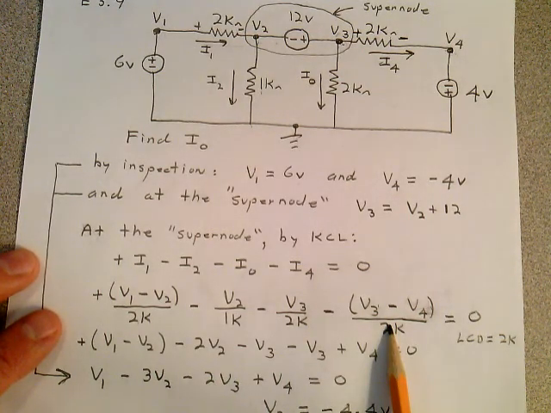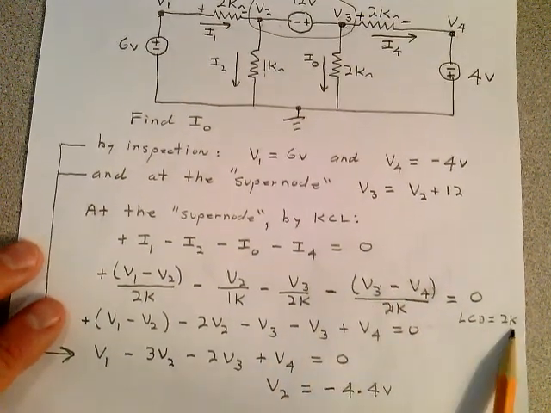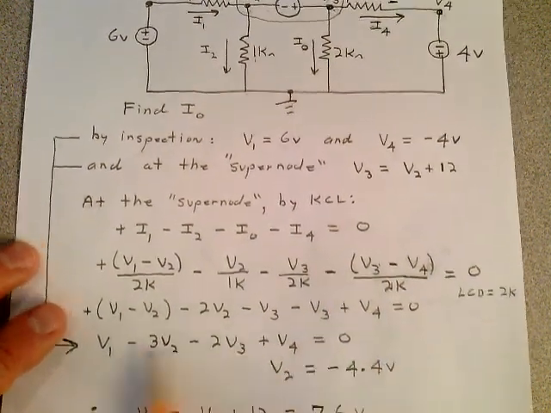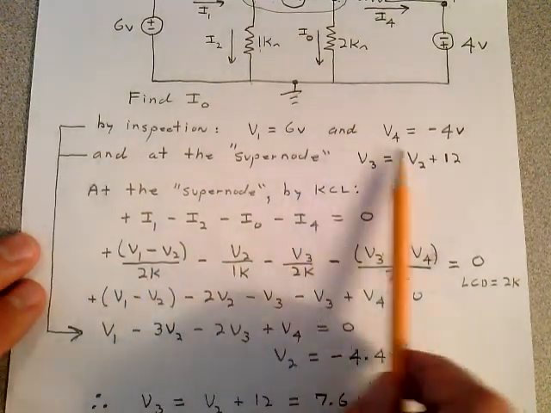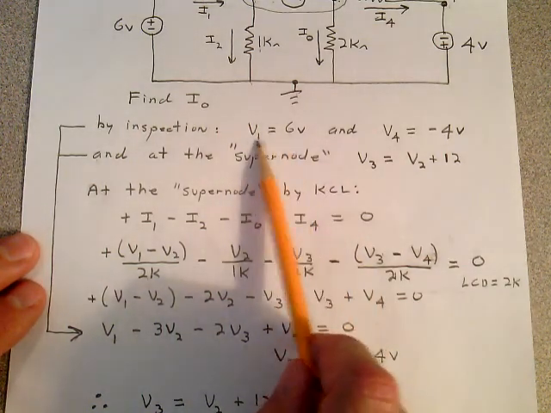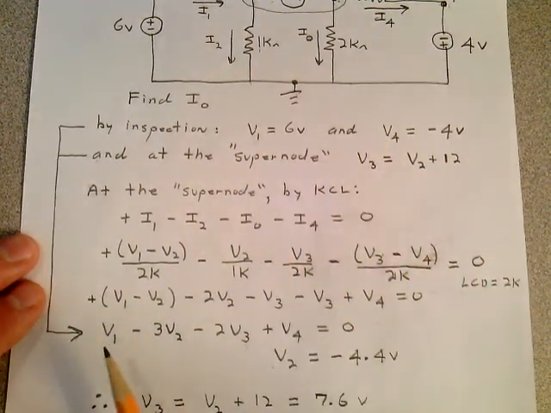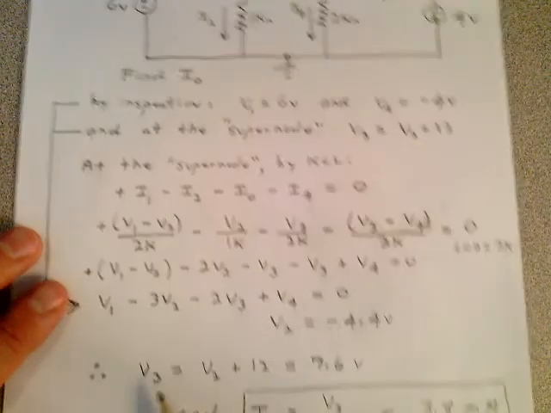Well, what I did was, you can come down and use the least common denominator 2K. I cleaned this all up and got this equation. You can see that I made the substitutions up here. You could have done it earlier, but V1 is 6 volts, V4 is minus 4 volts, and you get V2 equal to minus 4.4 volts. Therefore, what's V3?